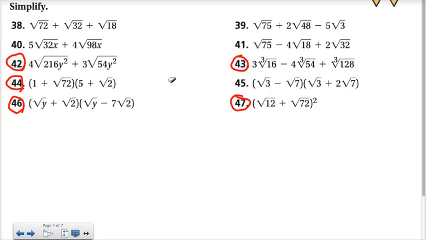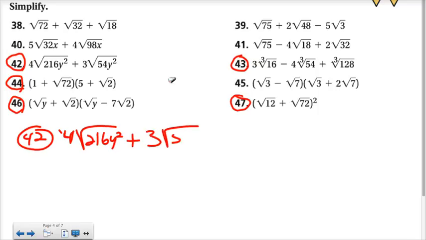All right, so number 42 has 4 square roots of 216y squared plus 3 square roots of 54y squared.